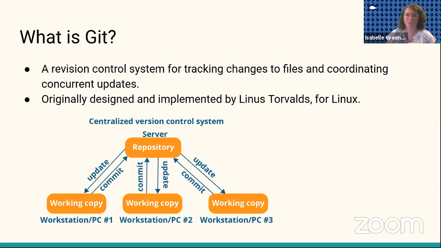And just like everything, it started with Linux a bit. And all of those working copies all reference the repository, which you're going to hear us mention again in a moment. But I hope that that visual helps tell you basically how you communicate between your repository and your own working code.